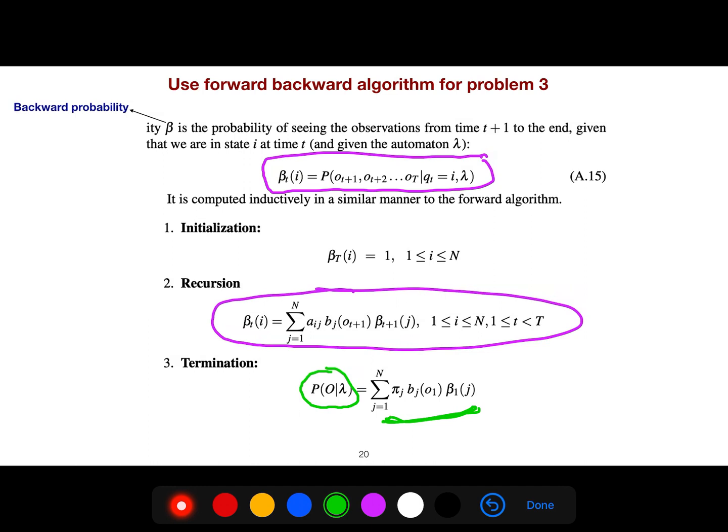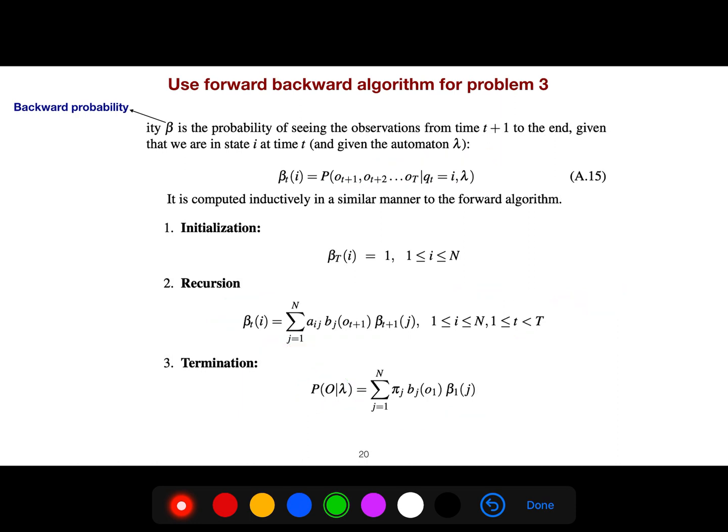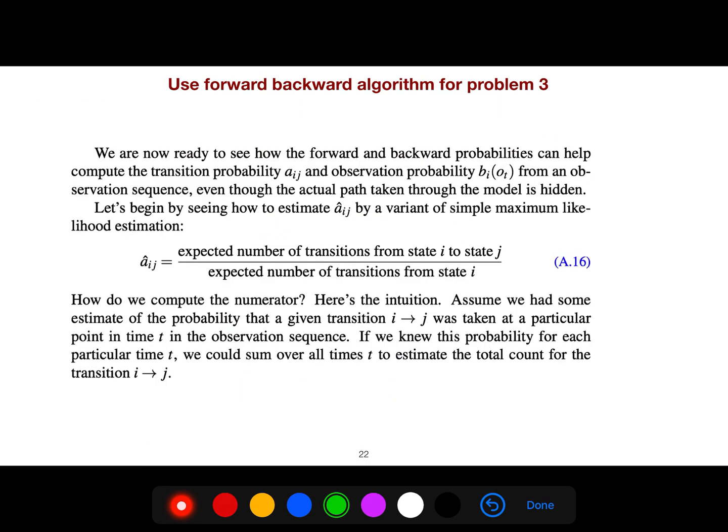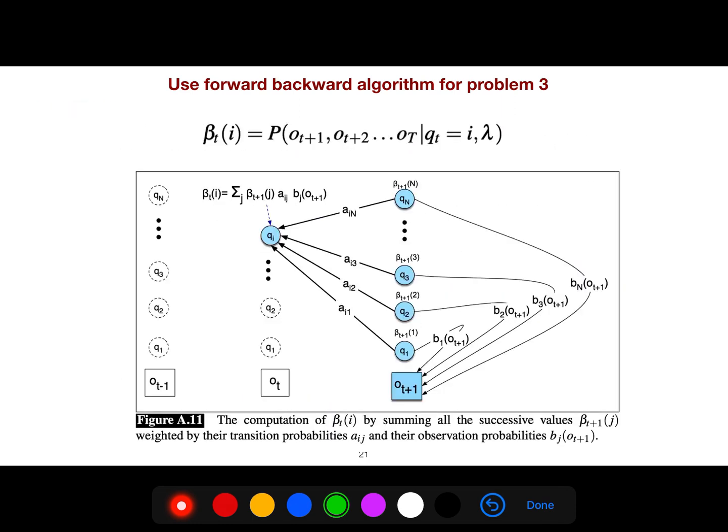So the recursion is just on beta. This is the backward. But here I will show you that intuitively, it's very easy. The beta of t plus 1 is related to beta of t. So t plus 1 is related to t.